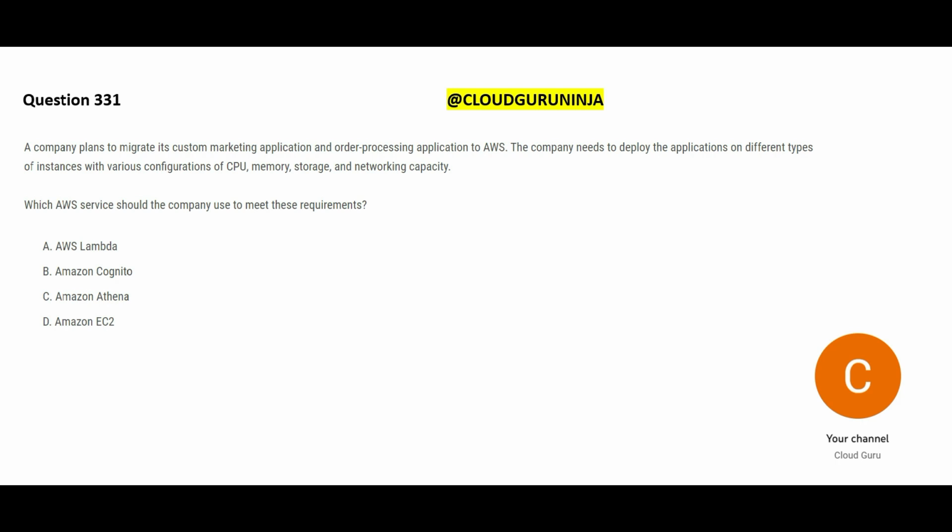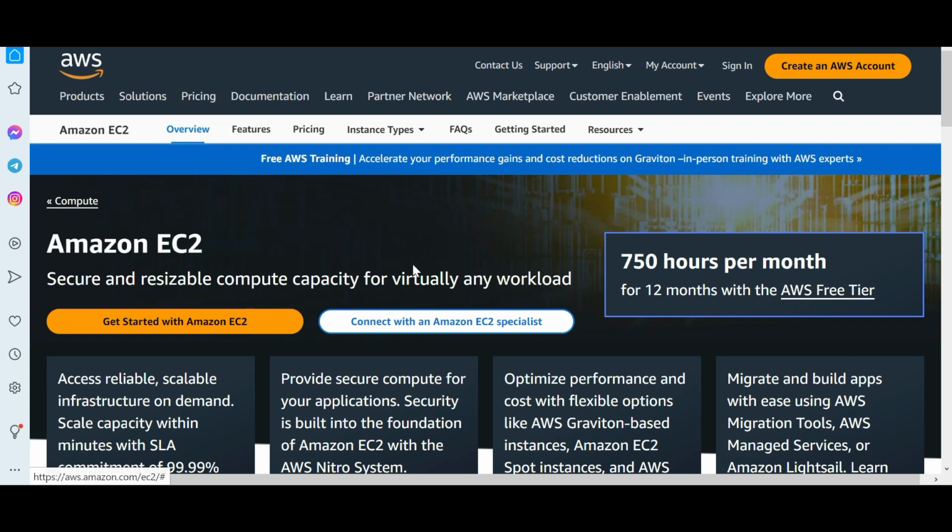Simple thing, always remember, whenever we are talking about instances, you should first think about EC2, then you should think about Lambda or something. This is compute. You put your application here.